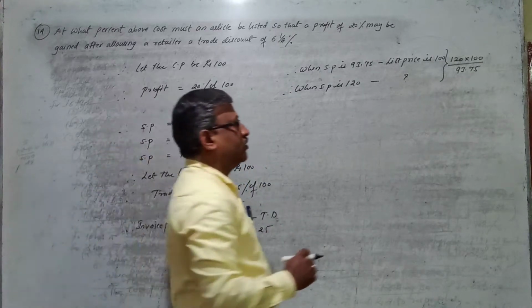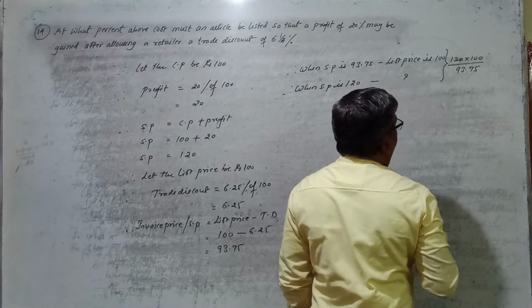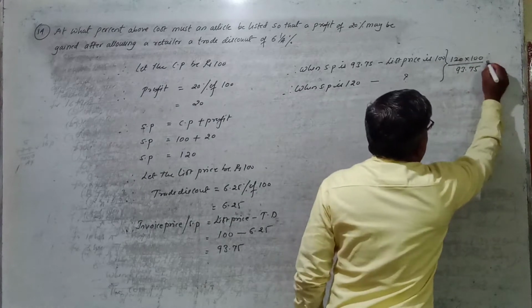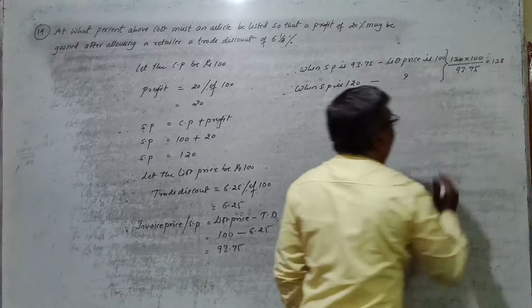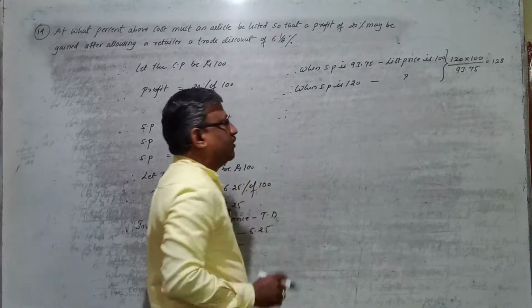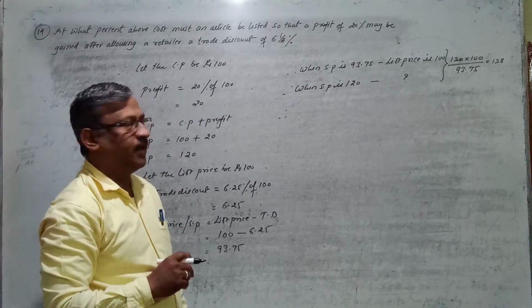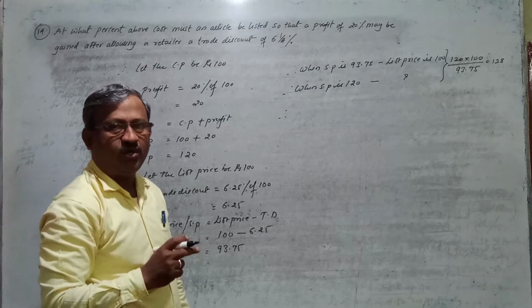Clear? So multiply this and divide by 93.75, and we get 128. It comes to 128 rupees. That means the list price must be 128 rupees.